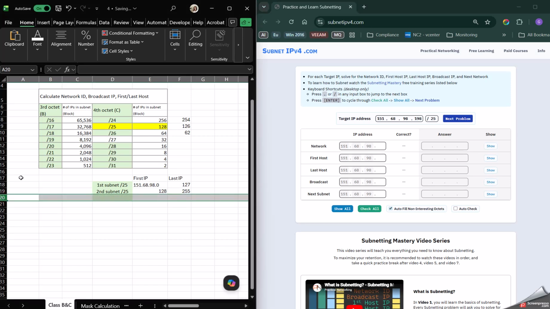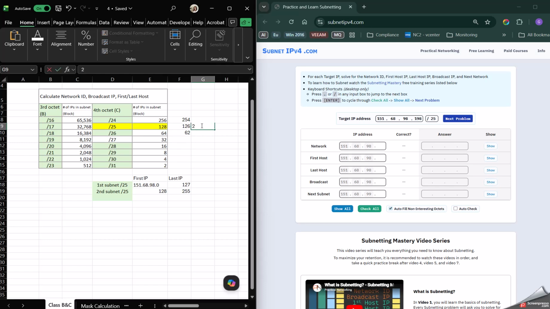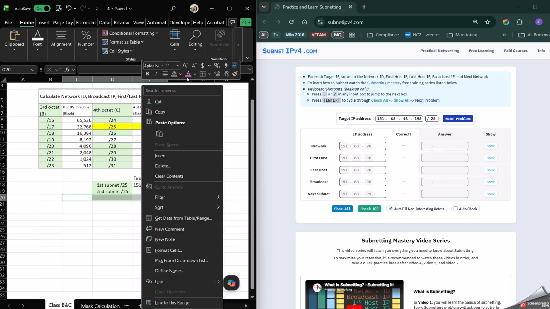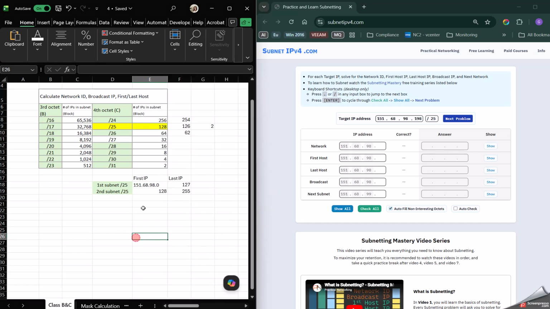Obviously, that's my bad because you can only have two. /25 only has, see, I didn't practice this enough. /24 can be divided into only two subnets of /25. So there isn't a third subnet. You can't have it. There's nothing here. Okay. So that's it. The subnet finishes at 255.